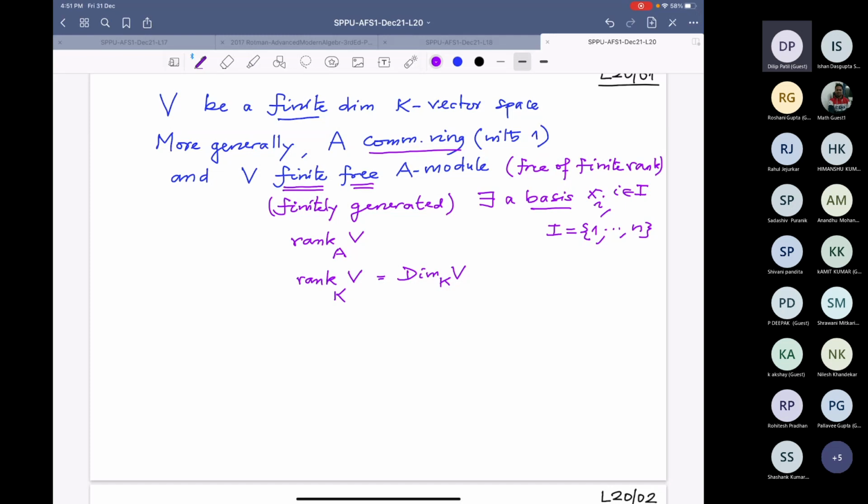Many theorems that you have learned in linear algebra can be carried over, though not all, to finite free modules over an arbitrary commutative ring. In this way you can be more disciplined and write better proofs in your linear algebra. All right.